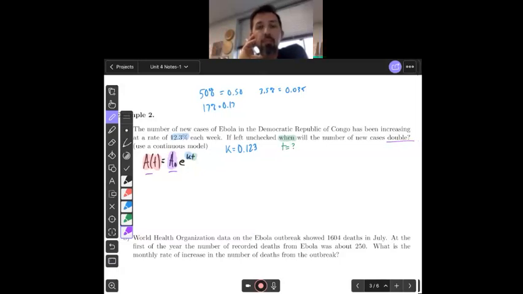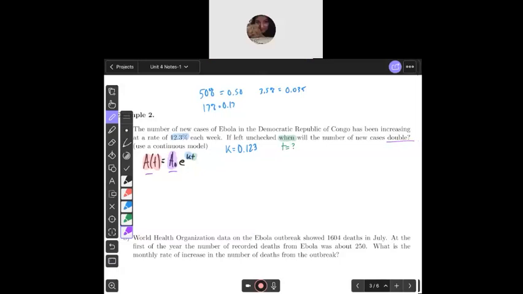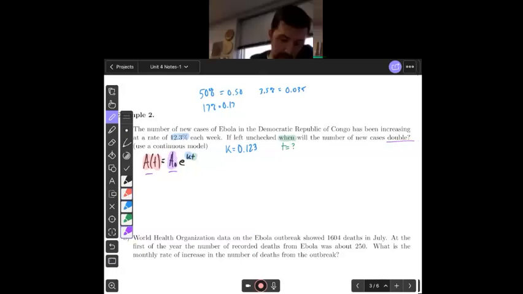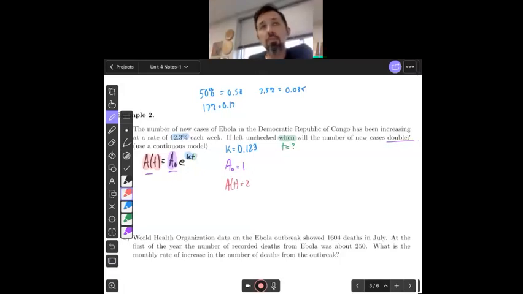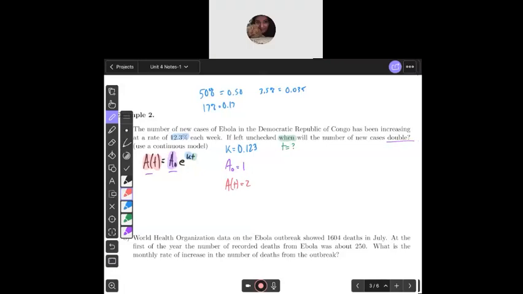Wouldn't we just use 1 as the initial number and 2 as the ending number? So you're saying that A naught should be 1, and since A of t would be double that, it would just be 2? Yeah, because it's asking how many years, so we don't really need those numbers.